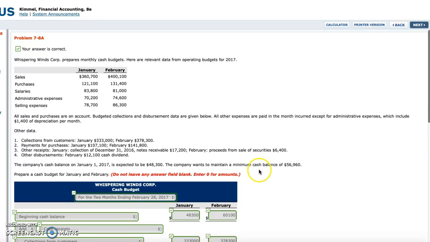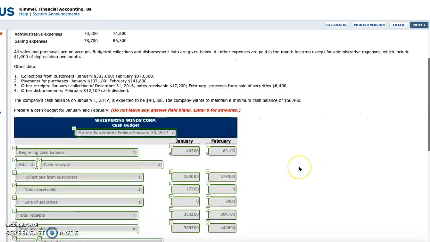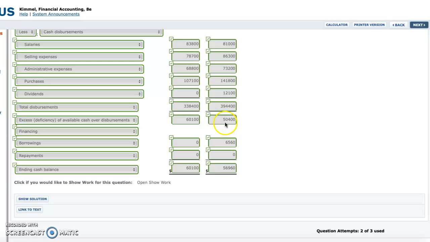The company wants to maintain a minimum cash balance of $56,960. Because this is where your balance is at, we're going to have to borrow some money to be able to get where the company wants to be. So we're going to add this to this, and we're going to get the ending balance.